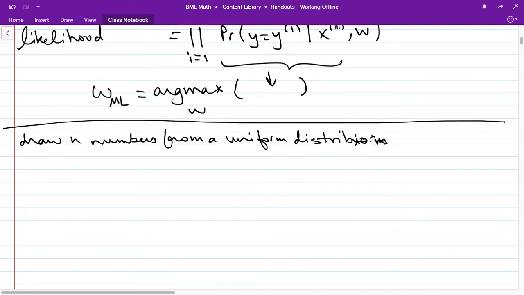So what we have is some probability of the data being over some range 0 to a, and we think that our probability is uniform, so it looks like this.